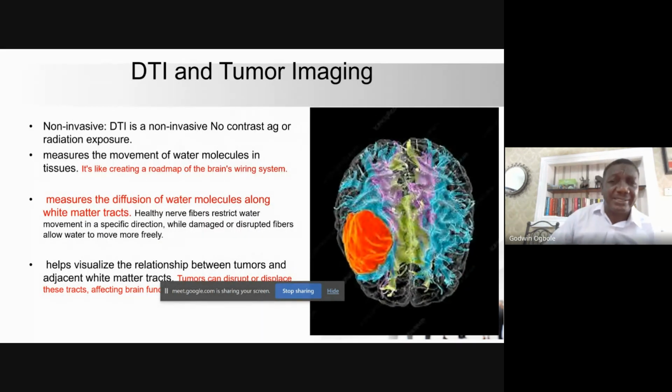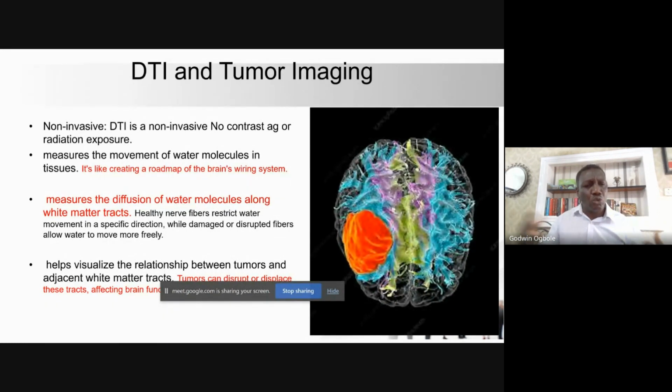Another technique that is important for demonstrating lesions is diffusion tensor imaging. It's a non-invasive technique. It doesn't use contrast and doesn't require any radiation exposure. It measures the movement of water molecules in the tissues. And by this, it creates a roadmap for the brain wiring. It demonstrates the axons.